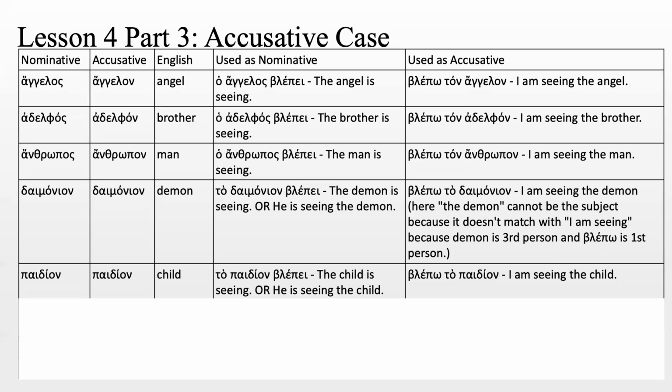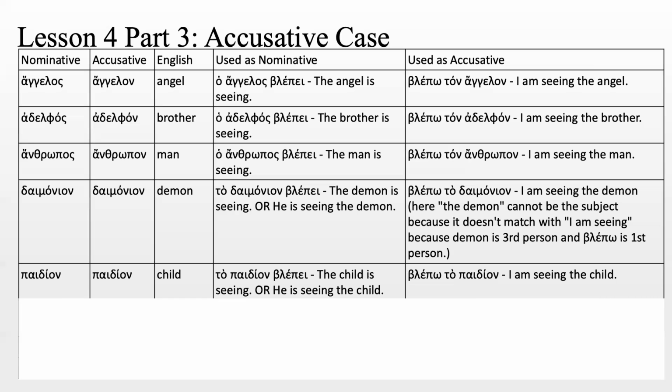Here's another neuter, paidion, nominative or accusative, they both mean child. To paidion blepei could be the child is seeing, or it could be he is seeing the child. Of course, technically, it could also be she is seeing the child or it is seeing the child as well. Here it is used as the accusative, blepo to paidion, I am seeing the child.